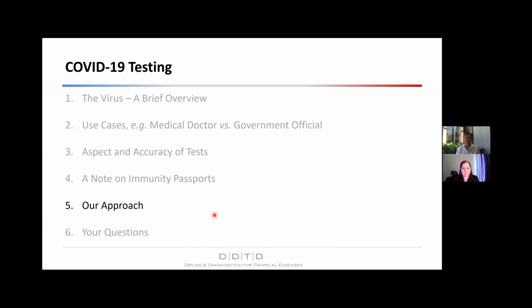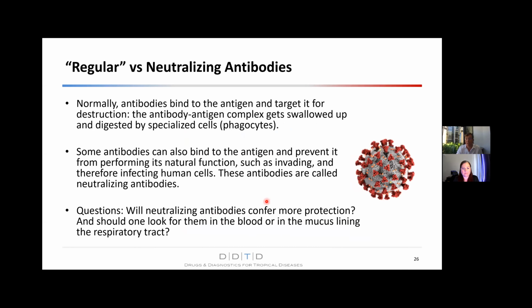You can try to make an antibody test, and that's what we're doing, by the way, that will only recognize the antibodies that bind to that receptor binding domain on the spike protein. That should be pretty predictive of immunity at the time of testing, but one needs to have more data to demonstrate that.